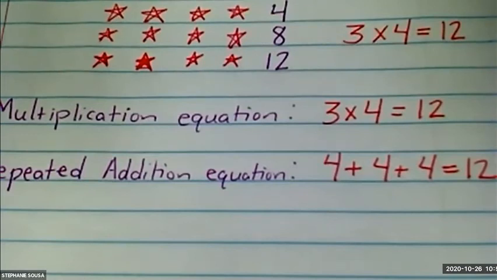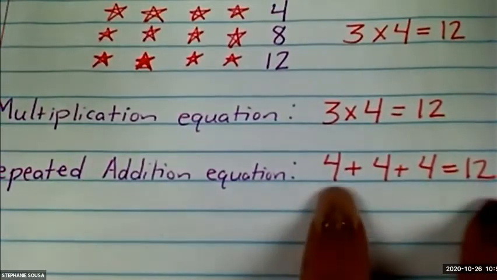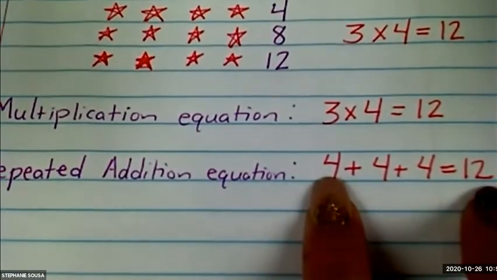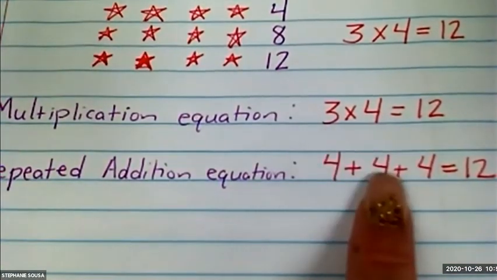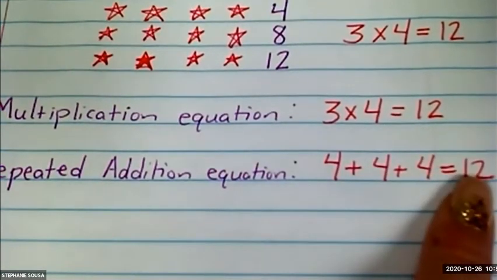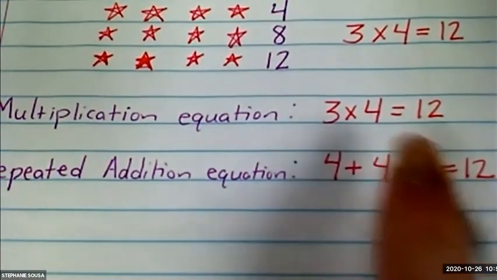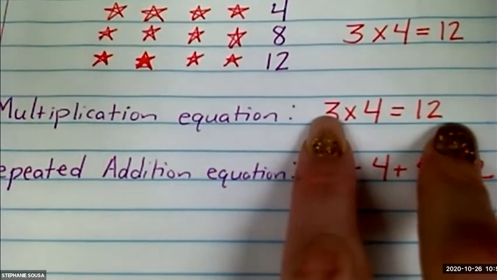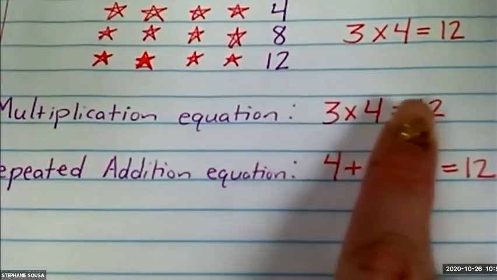Okay, these are the two that we're going to focus on today and use as a launching point for your knowledge. Multiplication equations are simply repeated addition equations written shorter. So we can see here that we had to use 4 numbers, 1, 2, 3, and 4. When we created a multiplication equation, we only had to use 3 numbers, 1, 2, 3.